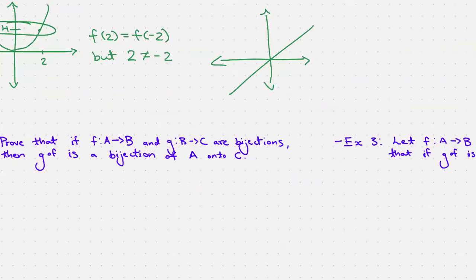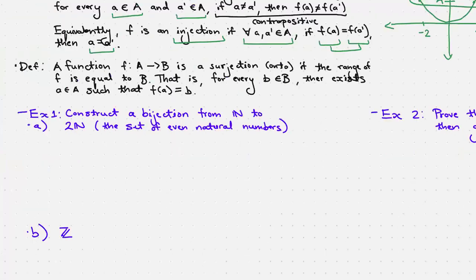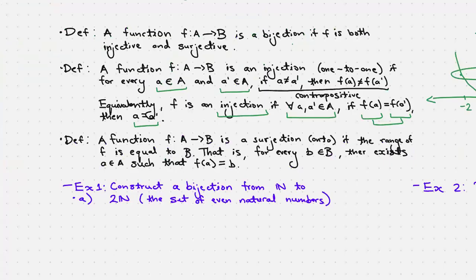Okay, so then we finally come to what a surjection is. A function f from A to B is a surjection, also called onto, if the range of f is equal to B. So again, look at this example right here, f of x equals x squared.